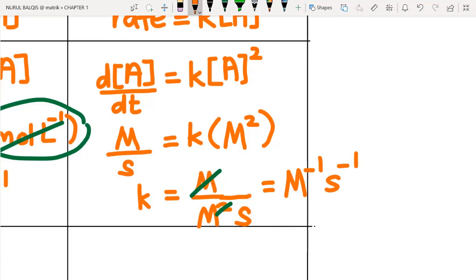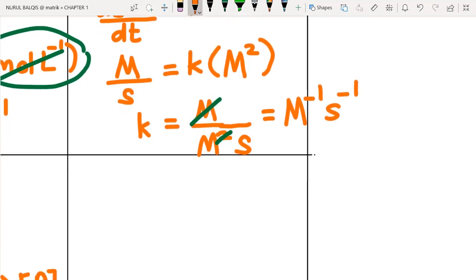Or if we write as mole per liter, then it's going to be liter per mole per second.